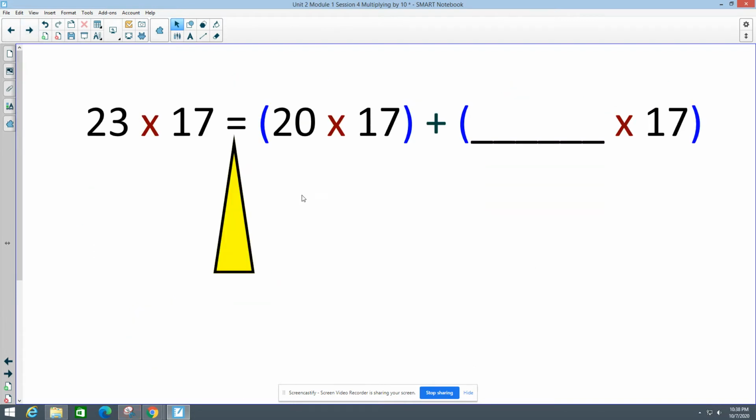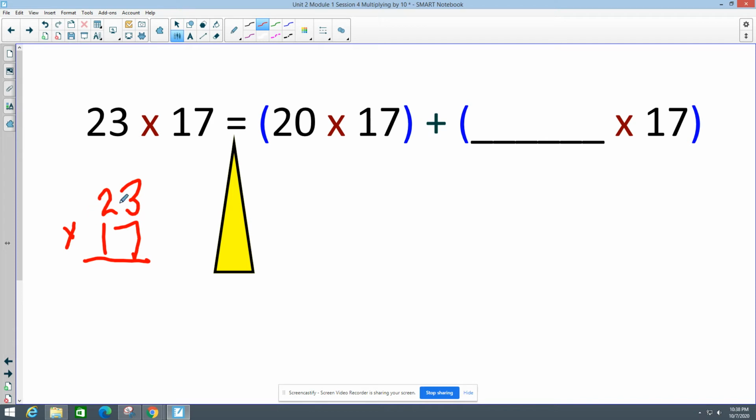So now let's look at this one. 23 times 17. 23 times 17. Thinking about the partial products, see if you can try this one out. You're going to want to set it up again. Maybe we'll do it like this. 23 times 17.